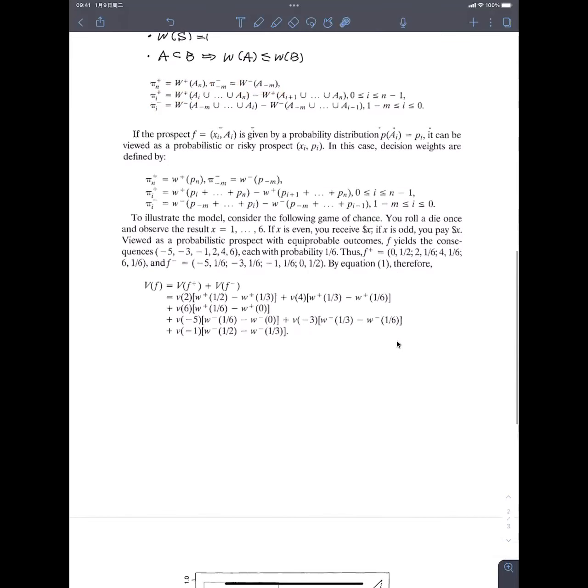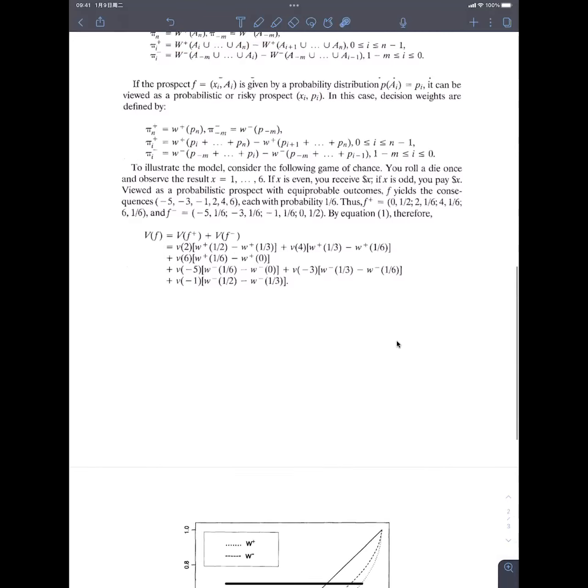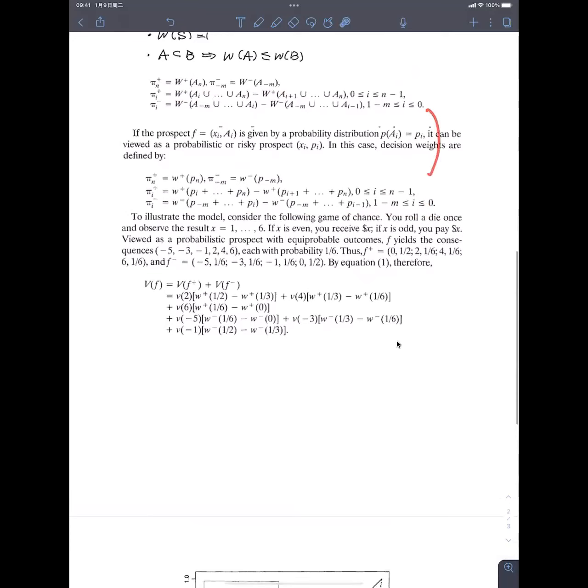Because we are dealing with lotteries, we can use probability as a method to measure the set. So we have a formula like this. This is exactly the same with a different notation.